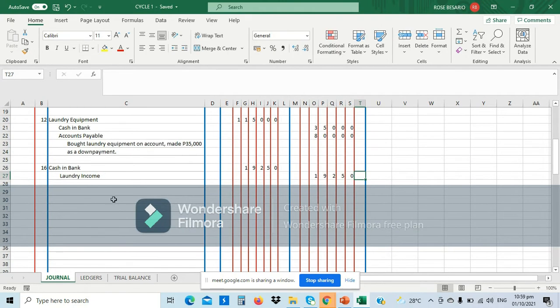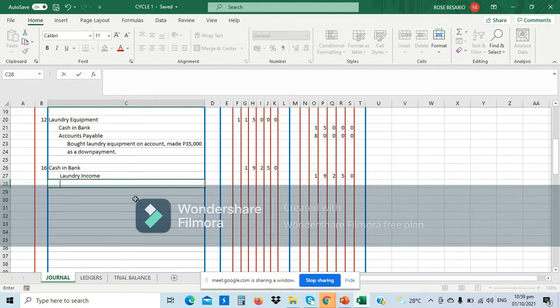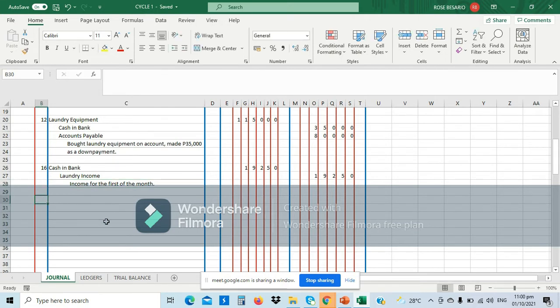Okay, then the explanation. I almost forgot, I'm sorry. So this is income for the first half of the month. Actually, the explanation can be derived from the transaction itself.